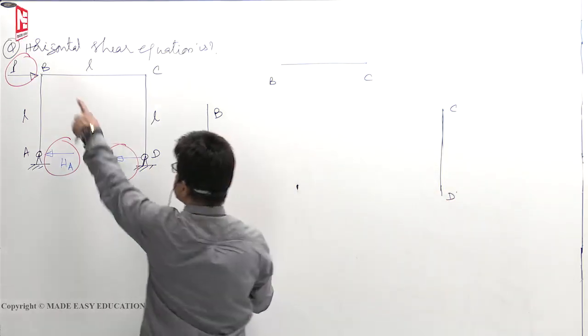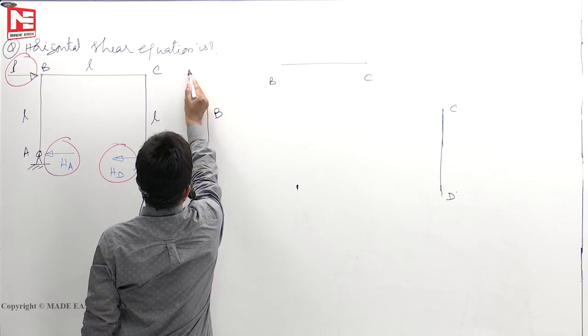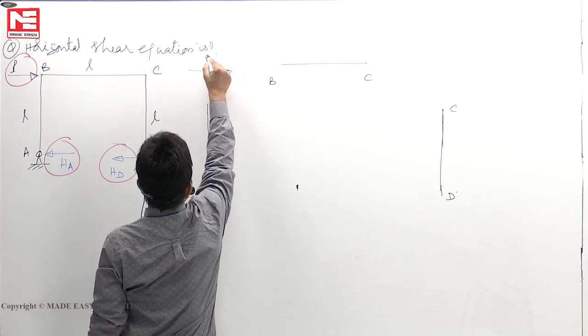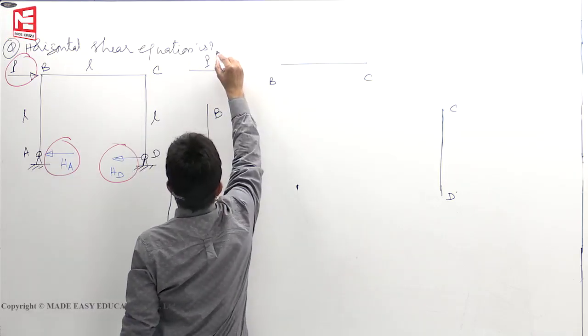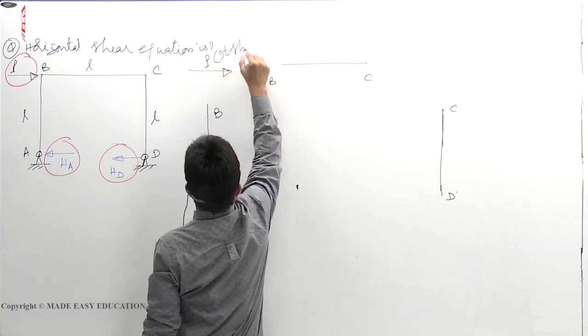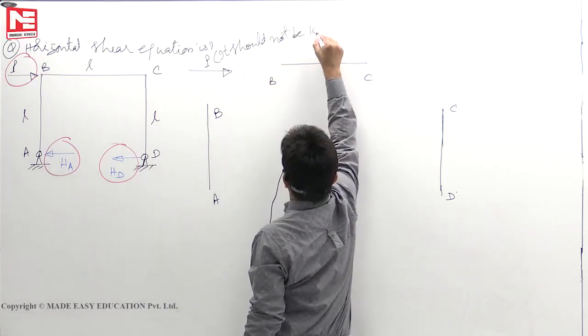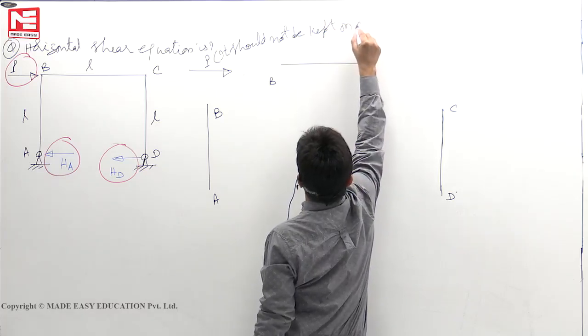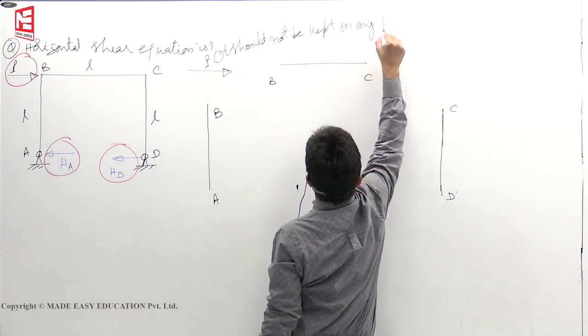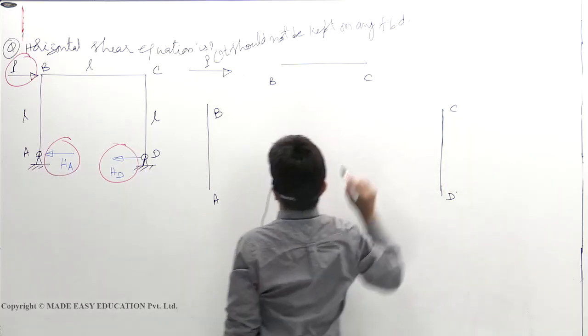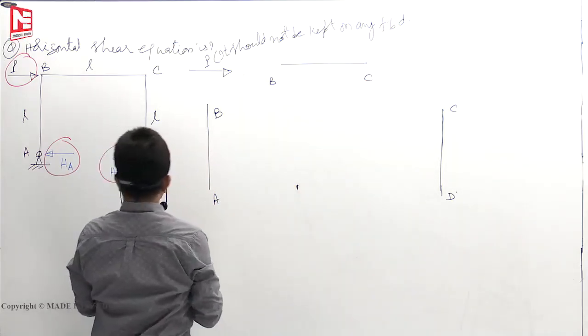Okay. Now P is acting at the joint, that means it should not be kept on any free body diagram. Next, moments.